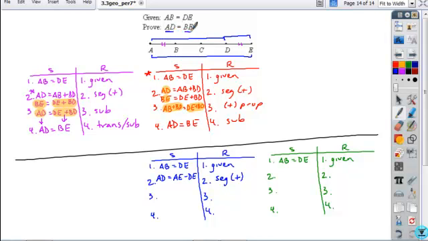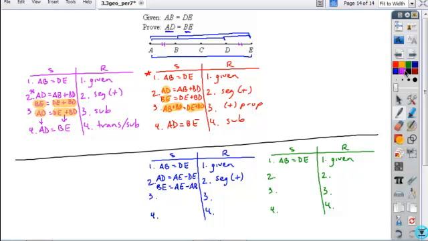I can do the same thing with BE. BE is a part to the whole AE again. So if I took BE, BE is equal to the whole AE minus the other part AB. Okay, it's still segment addition.